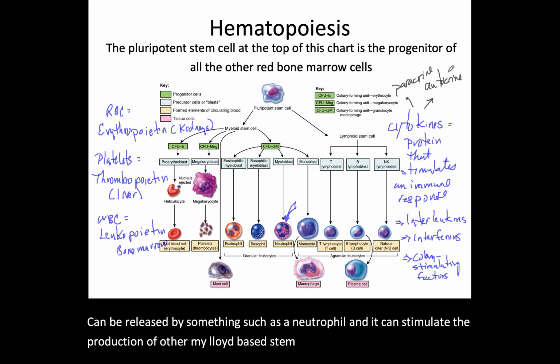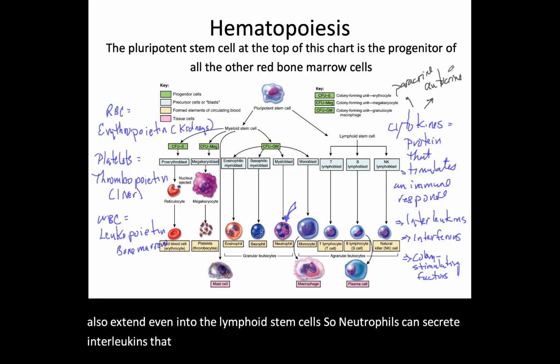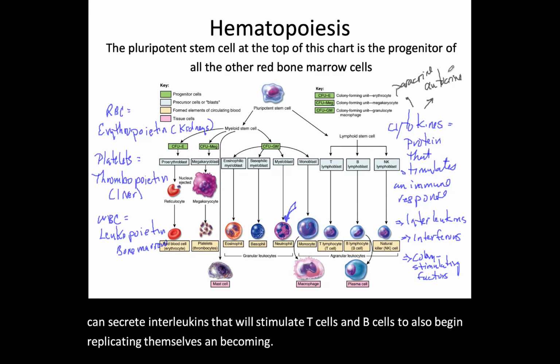The power of the neutrophils also extends even into the lymphoid stem cells. So neutrophils can secrete interleukins that will stimulate T cells and B cells to also begin replicating themselves and becoming divisible to go ahead and increase their numbers.